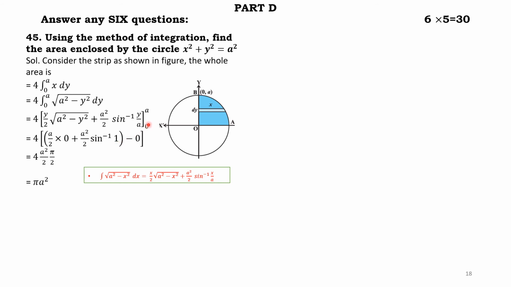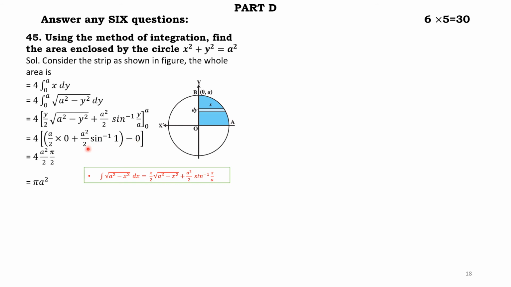And if you put the lower limit, y as 0, the first term becomes 0, and the second term becomes sine inverse 0, which is 0. So the lower limit gives 0.